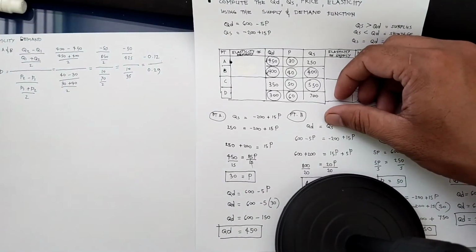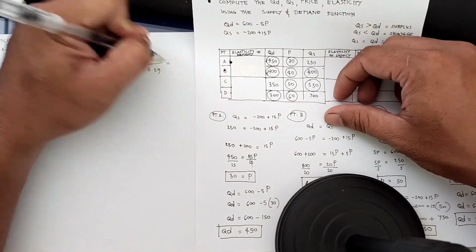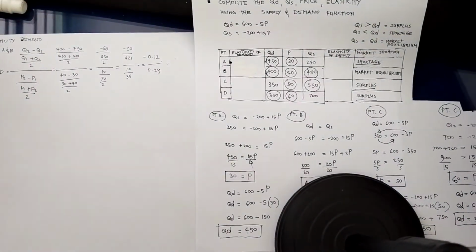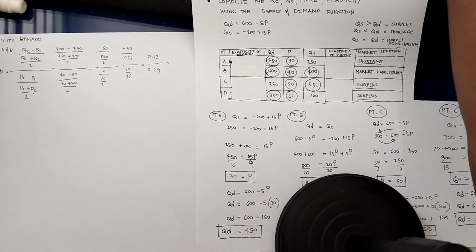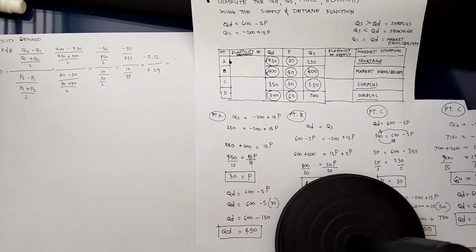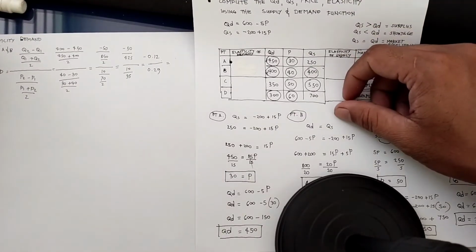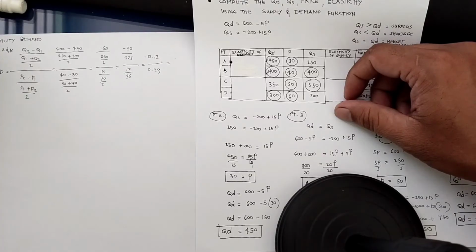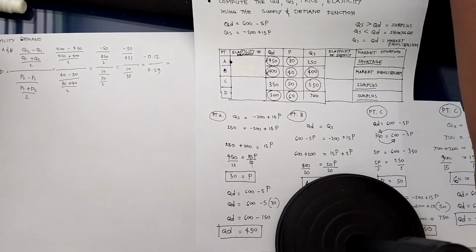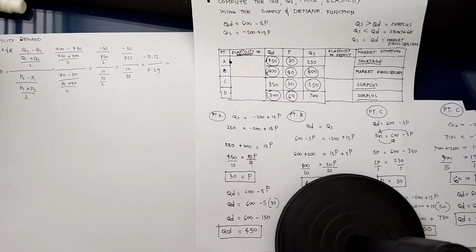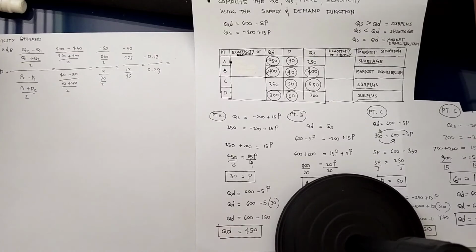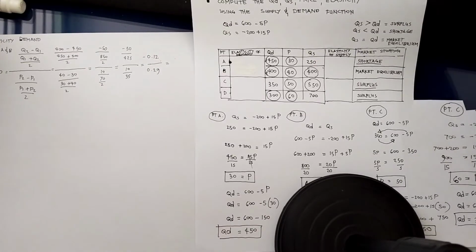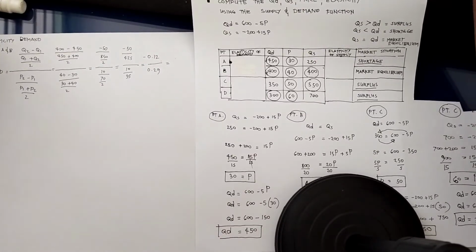Okay, so 0.29. Then negative 0.12 divided by 0.29. So that would be, again, 0.12 divided by 0.29.